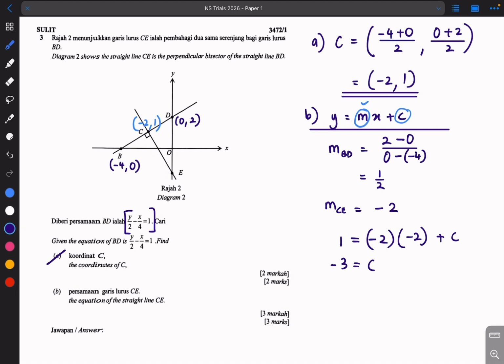So c is 5. Makes sense. This line cuts somewhere here. Now we can rewrite our equation: y equals 2x plus 5. This will be our straight line equation. Done.